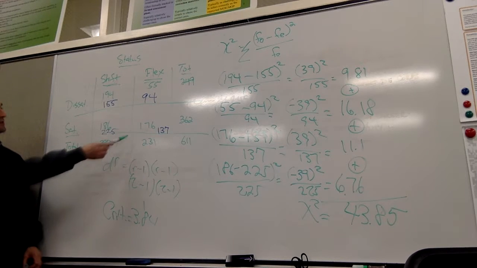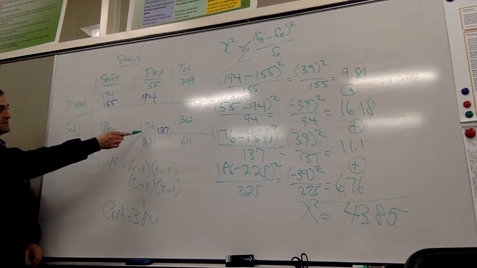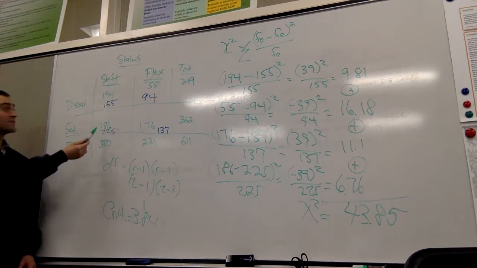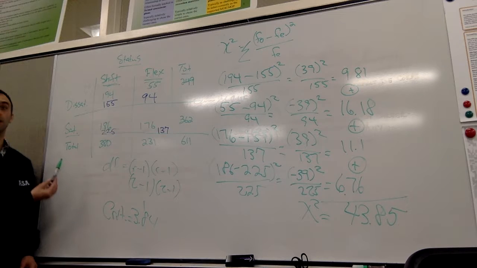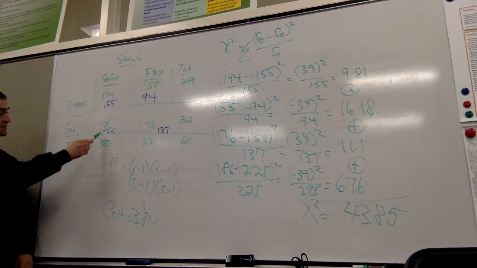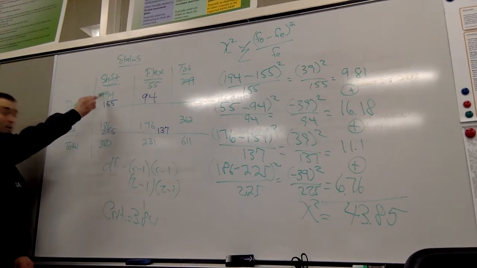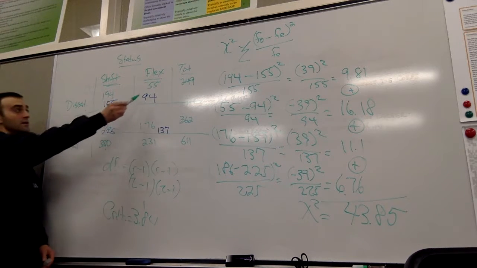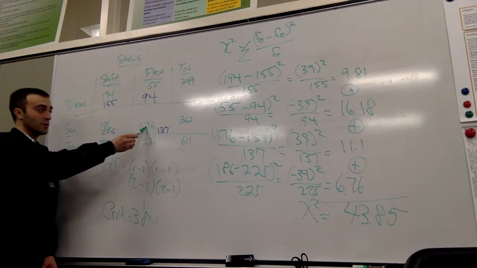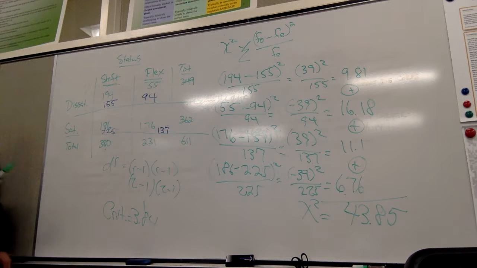If you look at the numbers, you can pretty much just eyeball it and see that flex status are more satisfied than shift status. But you could go in and do the percentages: 186 divided by 380, 194 divided by 380, and then 55 divided by 231, 176 divided by 231. It's pretty easy to see here that it's flex driving the relationship, and they're more satisfied.